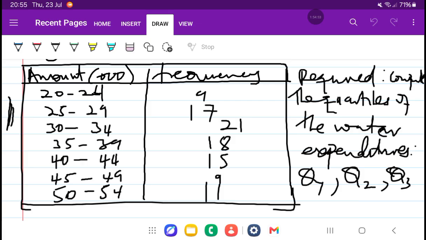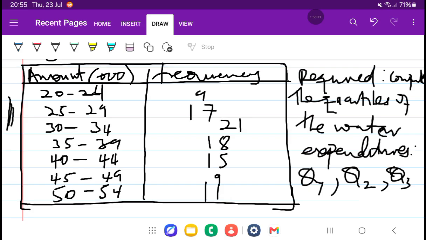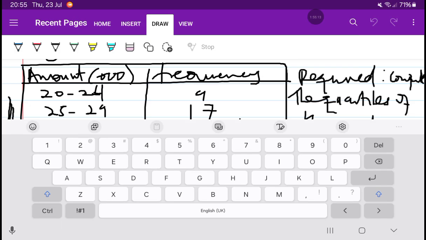One thing we need to note is that to identify the quartile classes, you have to divide the total frequency by those different quartiles. If it is the first quartile, you divide the total frequency by 4, or you get 25% of it.